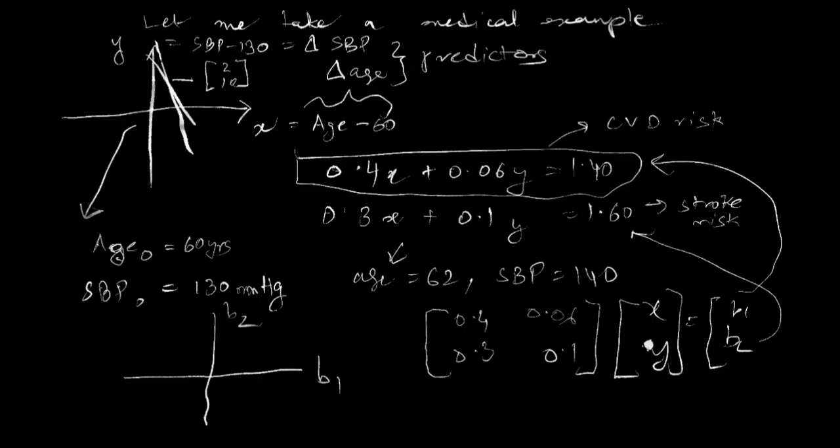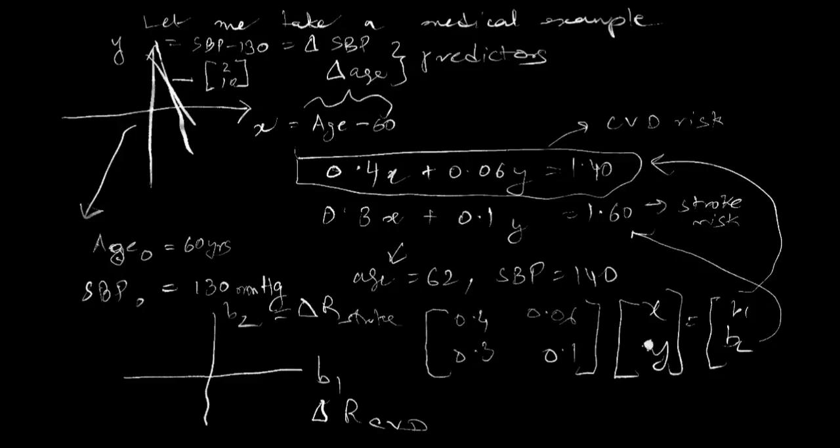So this is my output space, right? This B1 is the change in cardiovascular risk index, so I can write this as del risk of CVD. Similarly, I can write this as del risk of stroke. That is the stroke index.